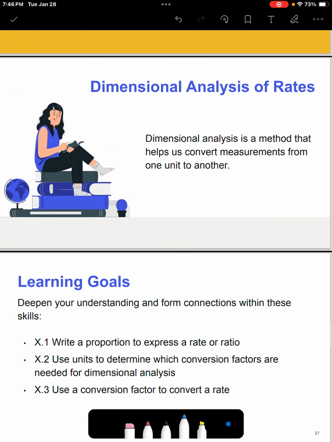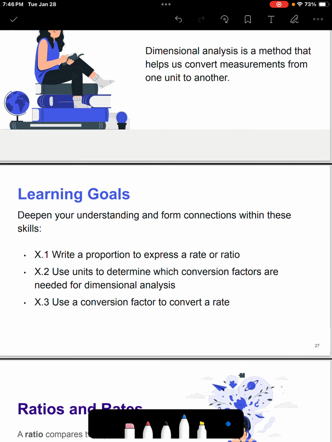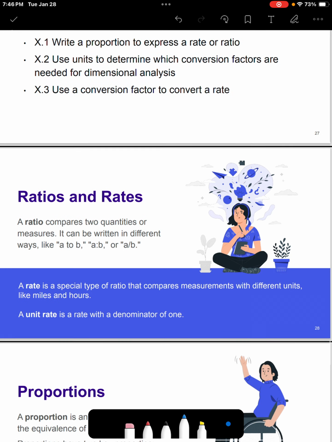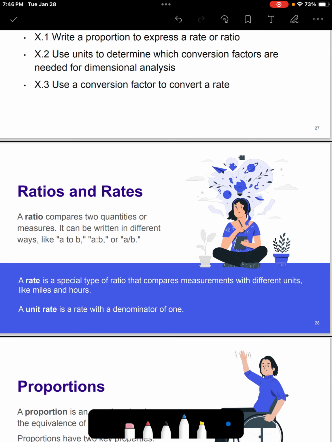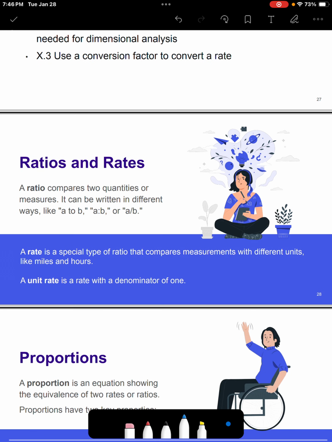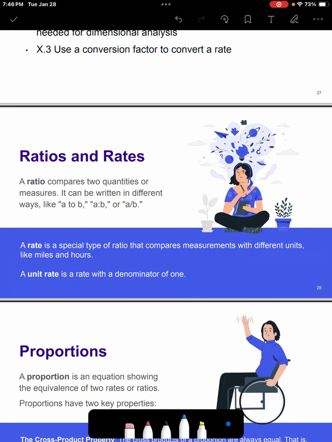Dimensional analysis of rates. A ratio compares two quantities or measures. It can be written as A to B, A colon B, or A divided by B. A rate is a special ratio that compares measurements with different units, like miles per hour. Miles per hour is a rate because it's written as 1 mile over 1 hour.